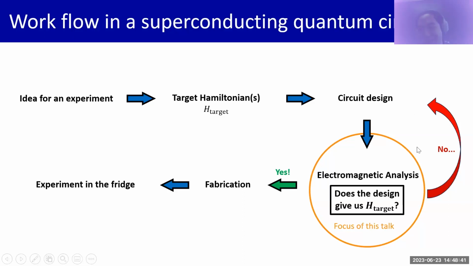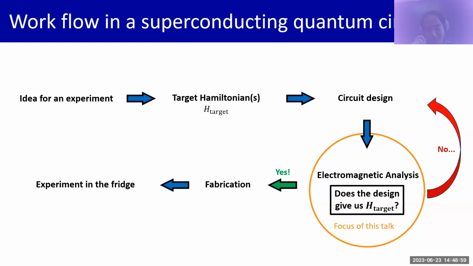So that's the place of this lecture in the overall workflow. Even if you don't remember anything else from the lecture, I just hope the picture, or at least the goal of what we're doing with HFSS, stays in your mind.